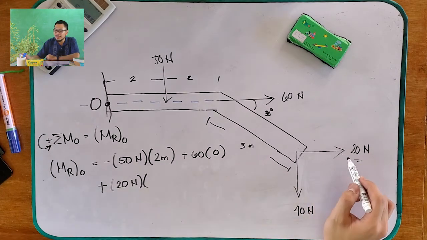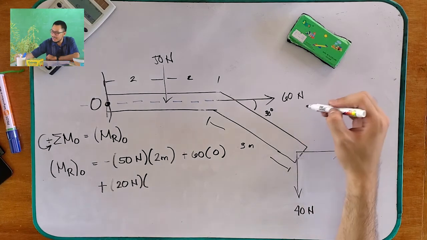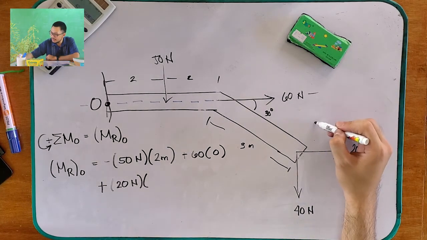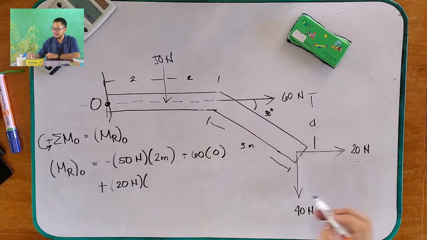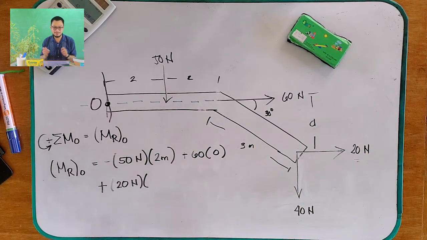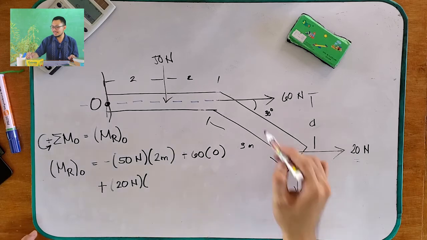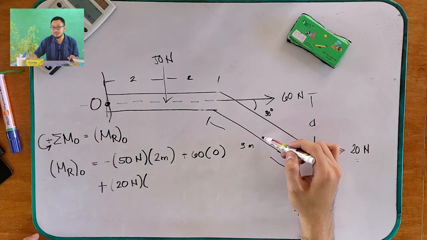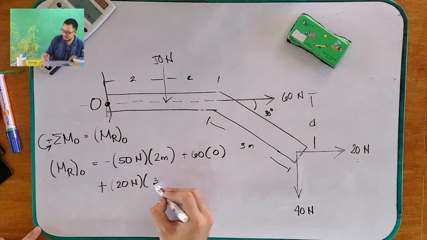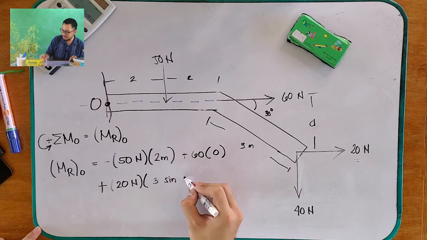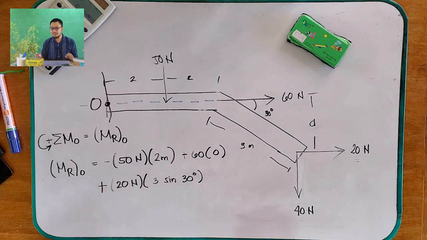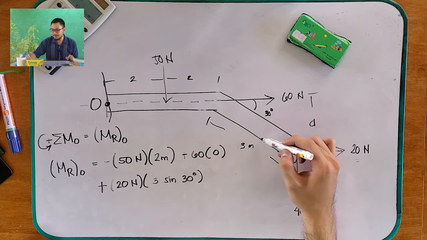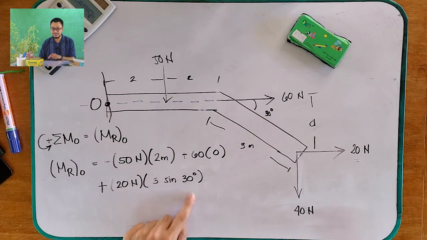Unsa may perpendicular distance niya dere, di ba? Ang distance from here to here. Opposite over hypotenuse. That is 3 sine of 30 degrees. Di ba? Because sine is opposite over hypotenuse. So 3 sine 30 degrees.